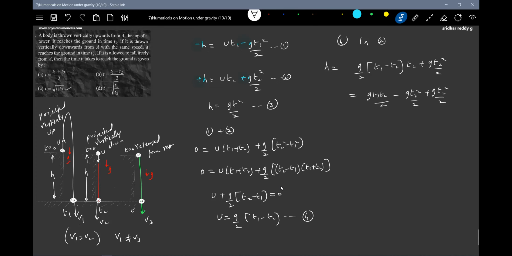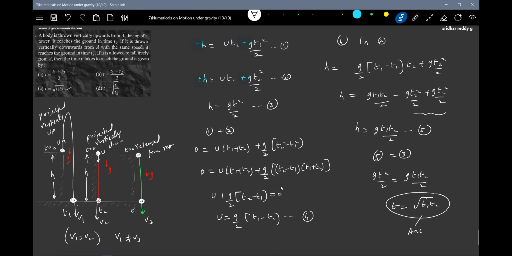These two will cancel out. h equal to g t1 t2. Okay, this let me call equation 5. Then equating 5 and 3, t equal to the square root of t1 t2. This will be your answer.